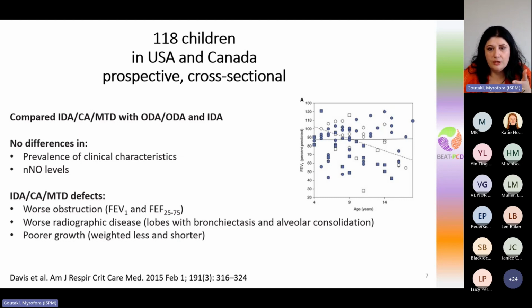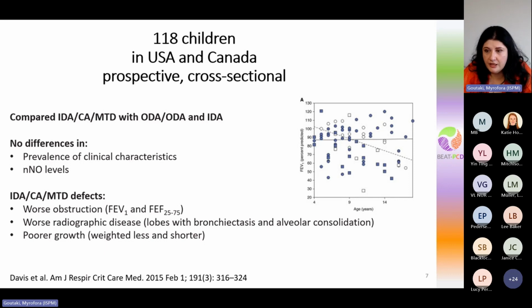comparing patients with DNA arm defects with patients with central apparatus and microtubular disorganization defects. That was in children, and they did not find any difference in the prevalence of clinical symptoms or in the nasal NO levels.